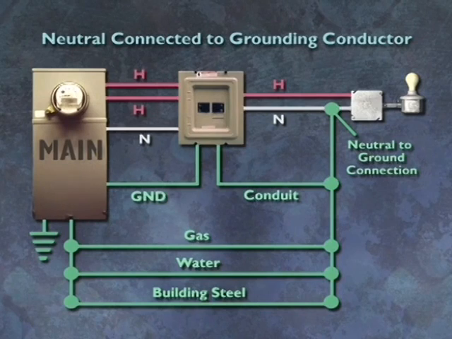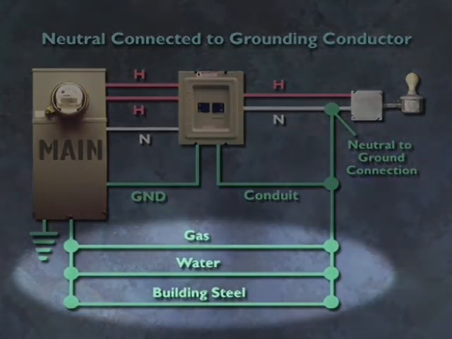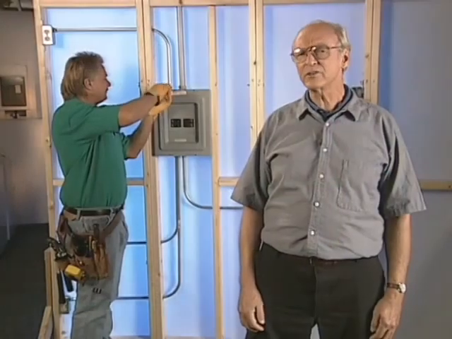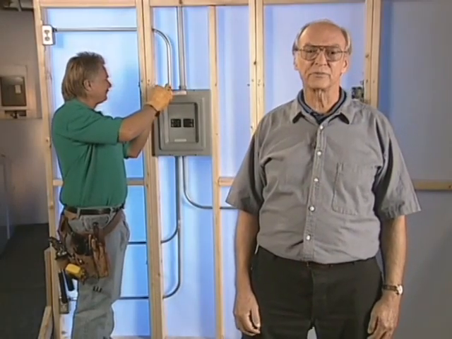This creates a situation in which there are multiple net current sources creating magnetic fields throughout the building. The green paths shown here are carrying neutral current in parallel with the neutral conductor due to a neutral ground connection in the circuit. Now let's look at how these connections come about.